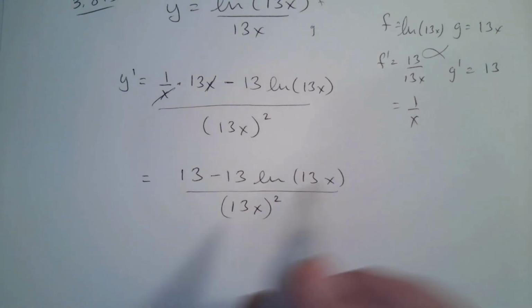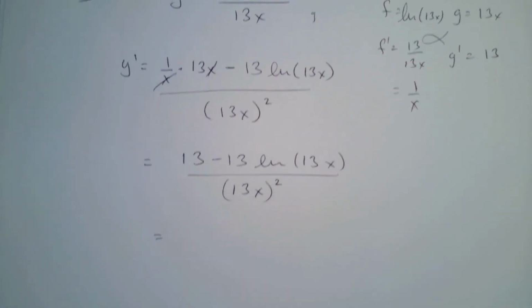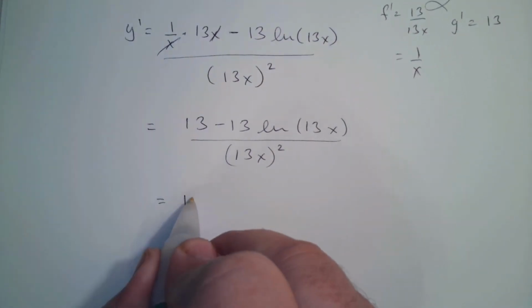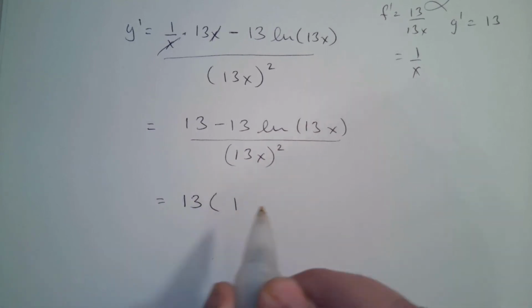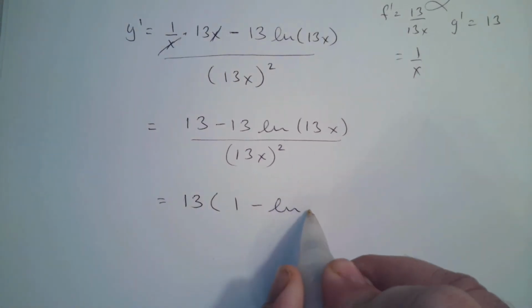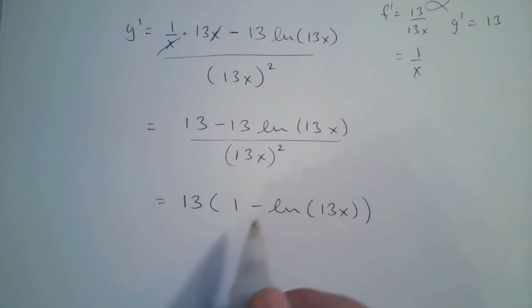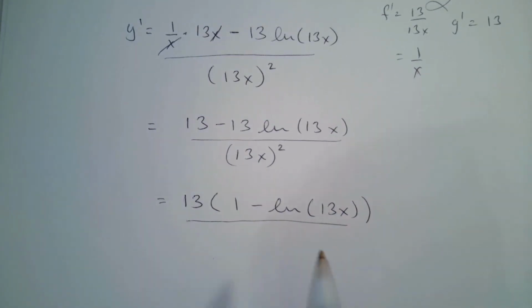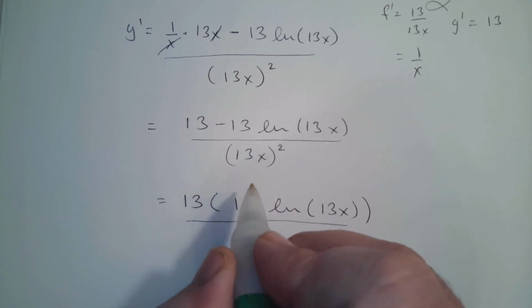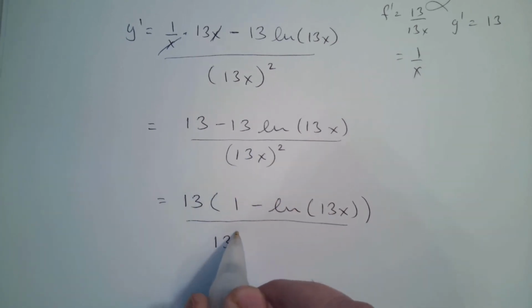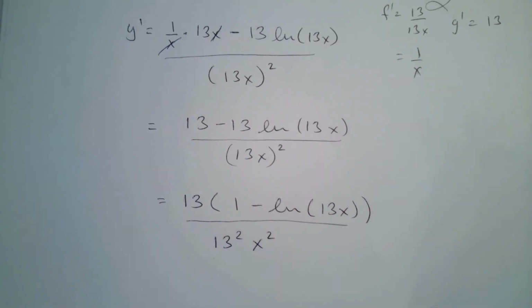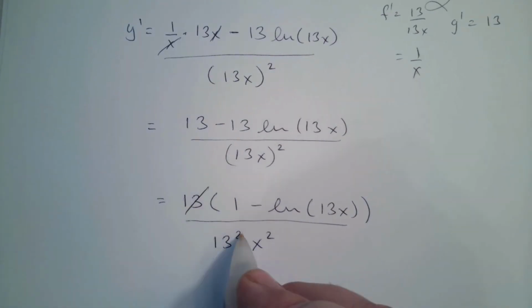Okay, on top I can take out a 13. 1 minus ln 13x. And the bottom I have 13 squared x squared. Gets rid of one of them.